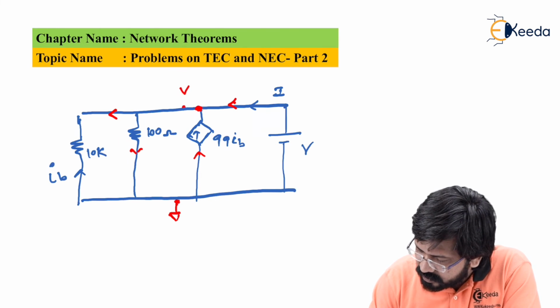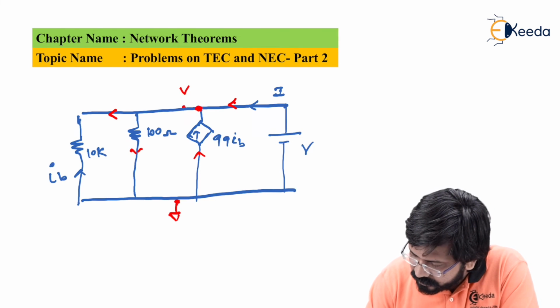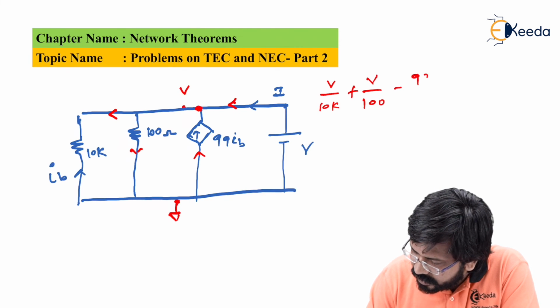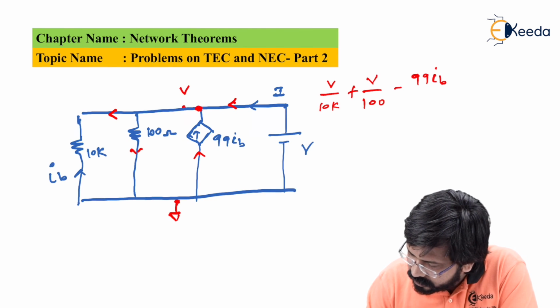Now by applying KCL, what equation do we get? It is V upon 10k plus V upon 100 minus 99 times IB minus I equal to 0.